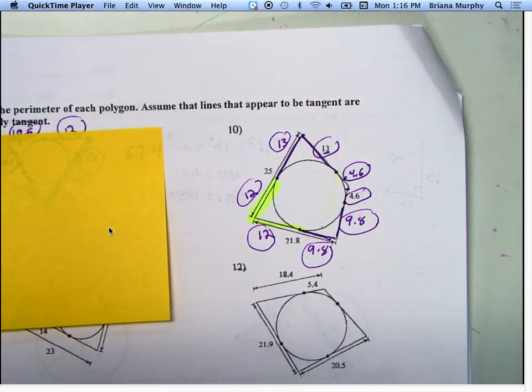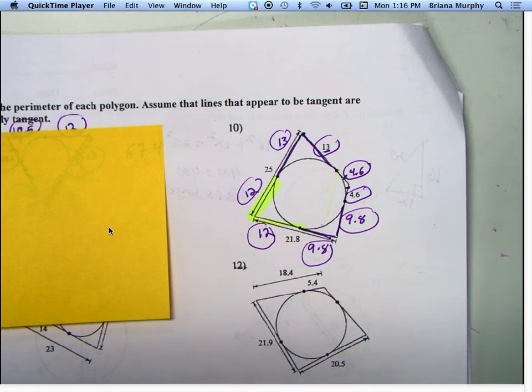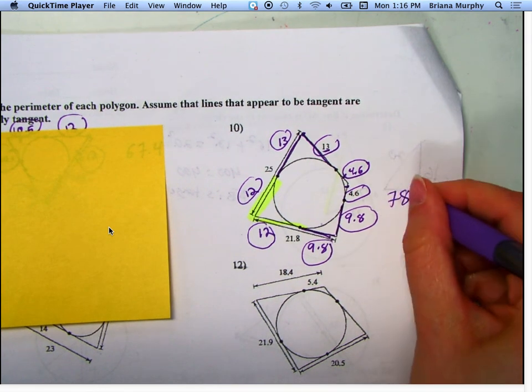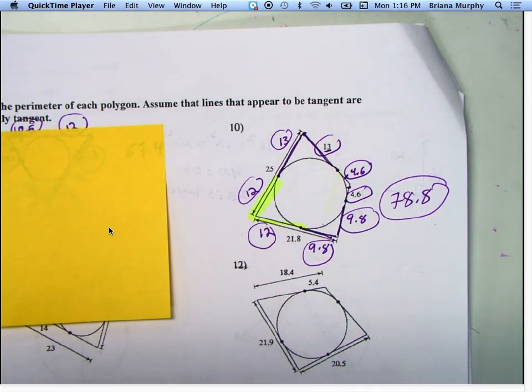So 4.6 plus 4.6 plus 13 plus 13 plus 12 plus 12 plus 9.8 plus 9.8 equals 78.8. That's my answer. How do we feel about that? You guys feel okay? It's a little bit of thinking about what goes with what.